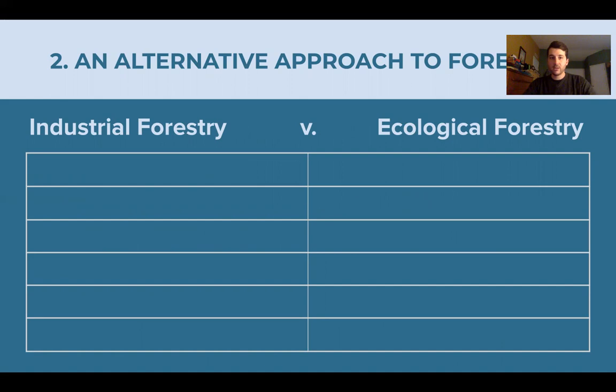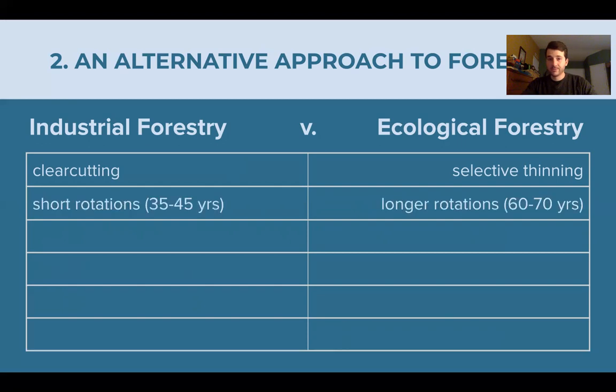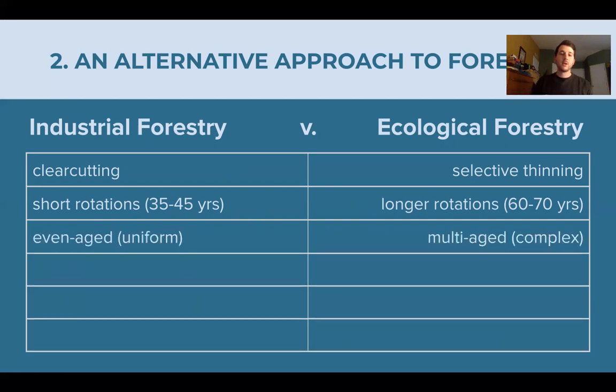On the left, industrial forestry; on the right, ecological forestry. One requires and entails clear cutting, the other selective thinning. While industrial forestry entails short rotations, 35 to 45 years, ecological forestry lets trees grow longer before harvest.